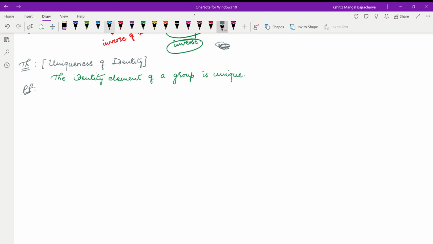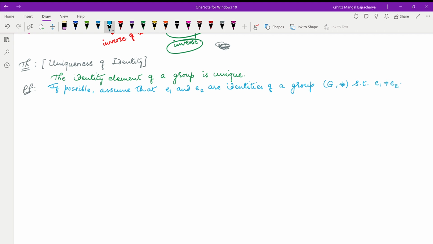Let's prove it using contradiction. For the purpose of contradiction, if possible, assume that E1 and E2 are identities of the group G star such that E1 is not equal to E2.